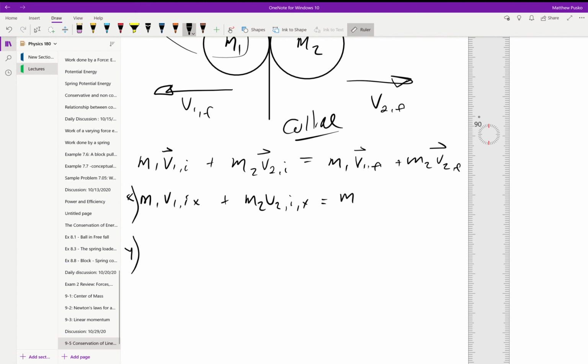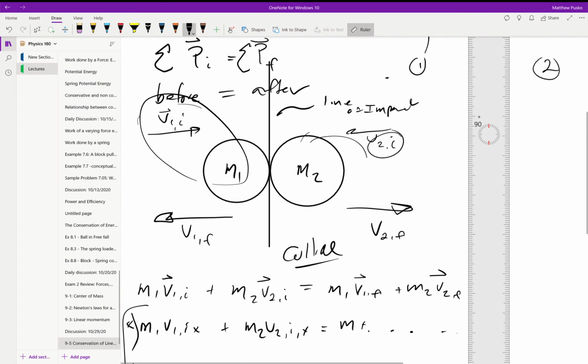We're just concerned about the displacement and the speeds. This we can actually get two sets of equations out of, plus more: M1 V1 initial in the y direction plus M2 V2 initial in the y direction. So if it's in 3 dimensions, we get 3 equations that we can use.